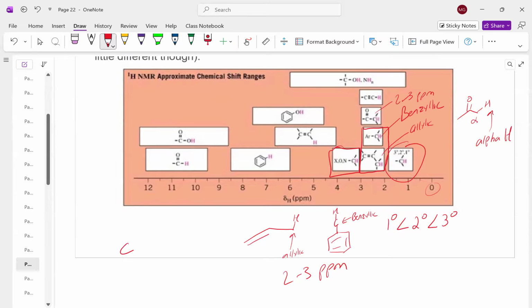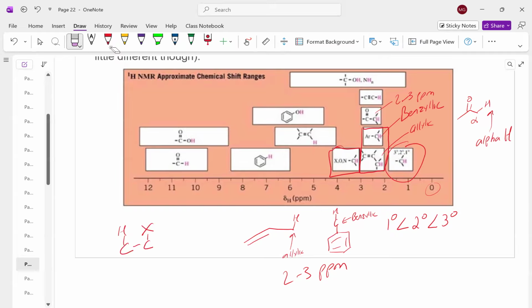And these are hydrogens next to some highly electronegative atom, whether that's an oxygen, a nitrogen, or a halogen. It will push it farther downfield. And if there's more than one, then it's going to go even farther, like starting to go into the 4 and 5 region. So still following that same trend.